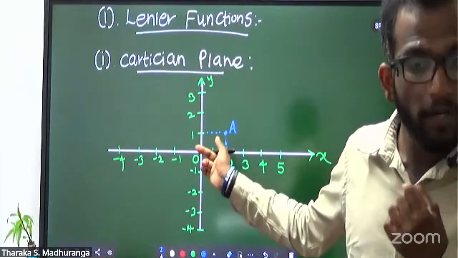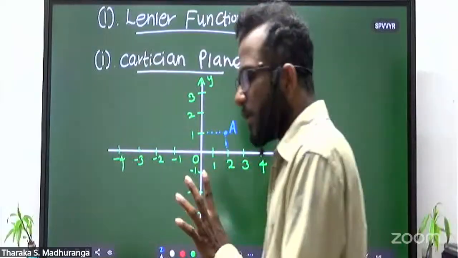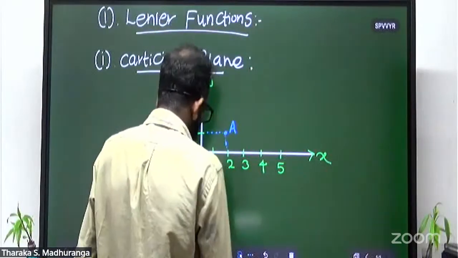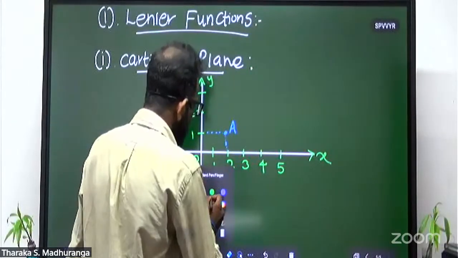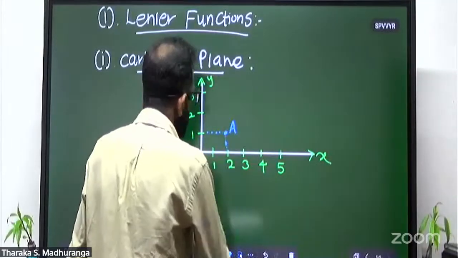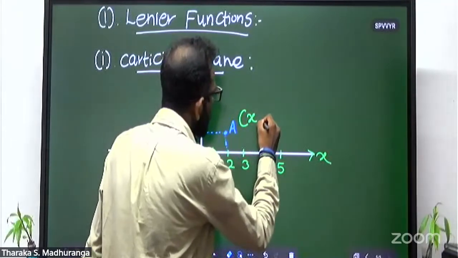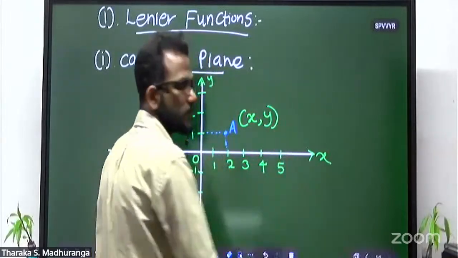Remember, for point coordinates, you always need to write the x value, comma, y value.